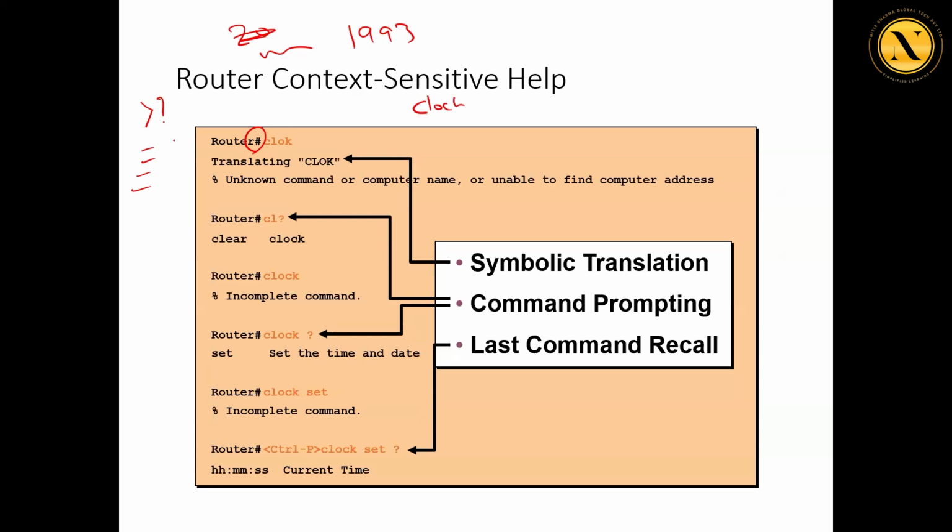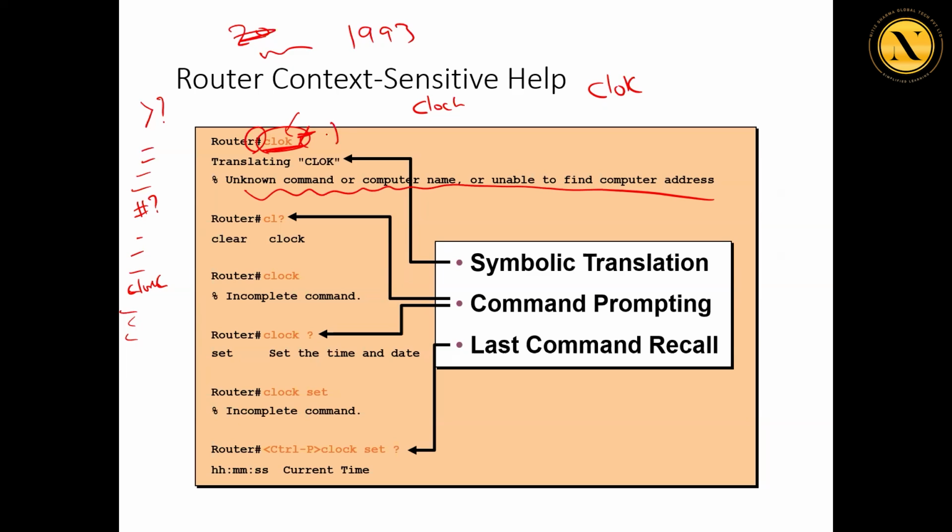So you type enable, come to the privilege mode, and then type question mark. Somewhere in the C's you will find clock. But this is a wrong spelling, so it thinks I have given a command to telnet into a device whose host name is this clock. So: unknown command or computer name, or unable to find it.